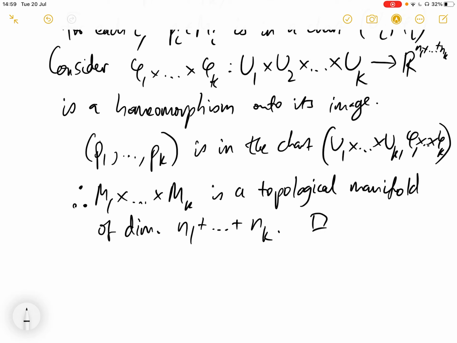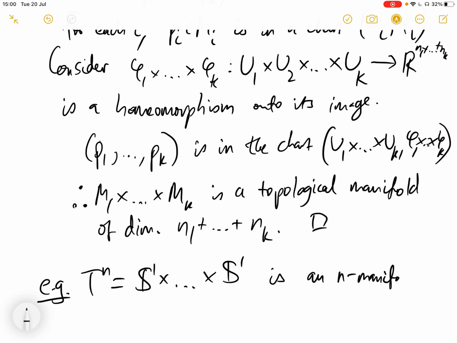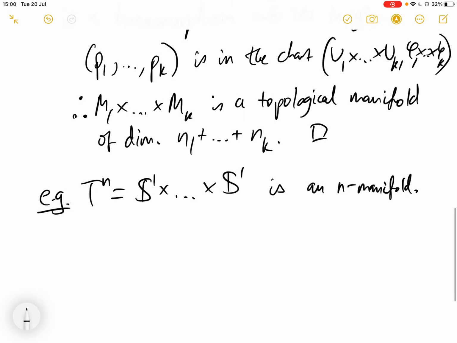Okay, so as we said at the beginning, there are various examples such as the n torus, which is S1 cross S1 n times. This is an n manifold. And I'll just end with a little bit about the 3 torus.